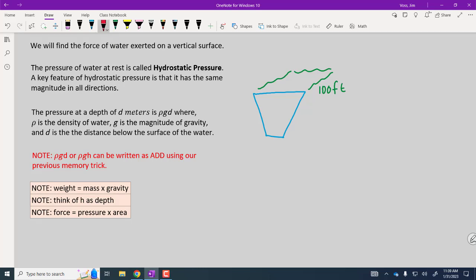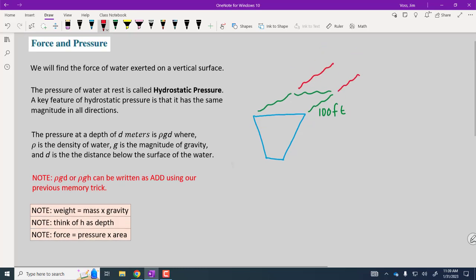And then let's extend it and say, hey man, we're building this dam. Let's go for broke. Let's add more water behind the dam wall. So instead of 100 feet of water pressing on it, we have 200 feet of water pressing on it. The question is, how much more force is being applied to that dam?